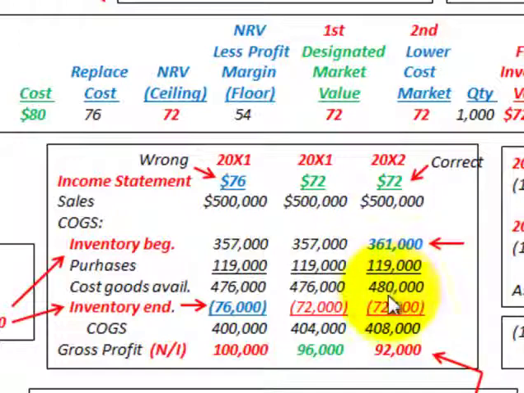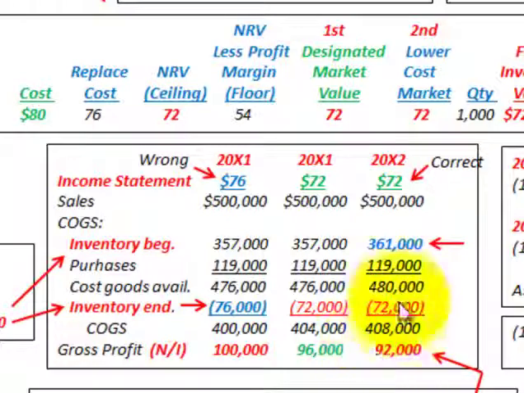Going through all our arithmetic and taking our ending inventory at $72,000, and this is just for comparison purposes, we come up with cost of goods sold at $408,000. Subtracting that from our sales of $500,000, we get a gross profit of $92,000. I'm doing that just to compare it with the correct amount, which should have been $96,000. Here we're sitting at $92,000.